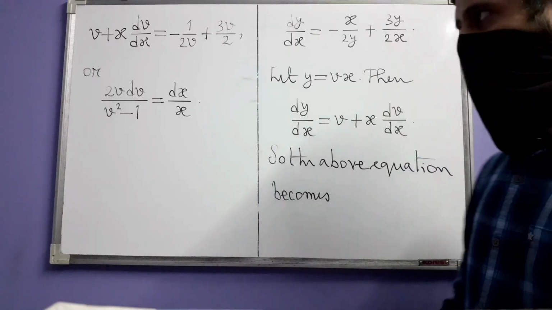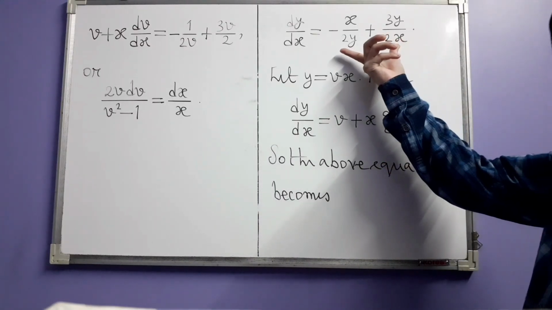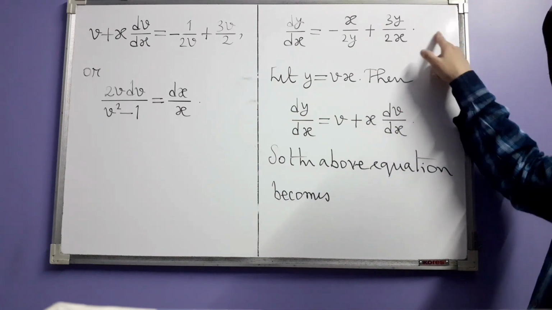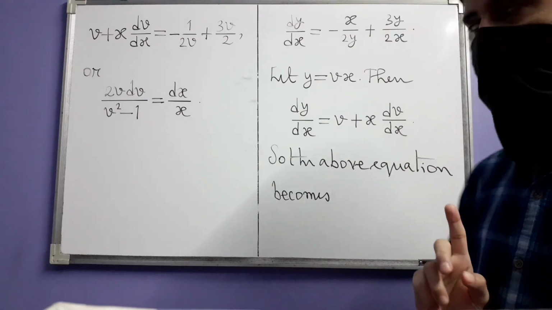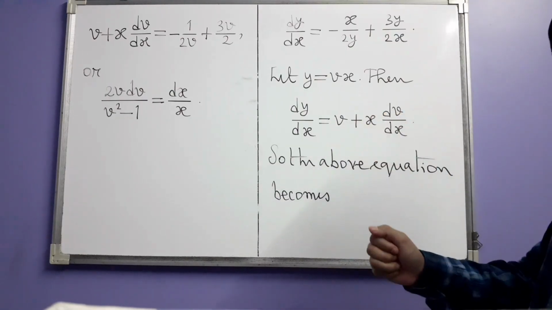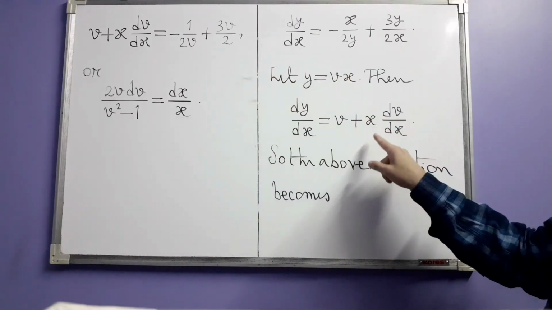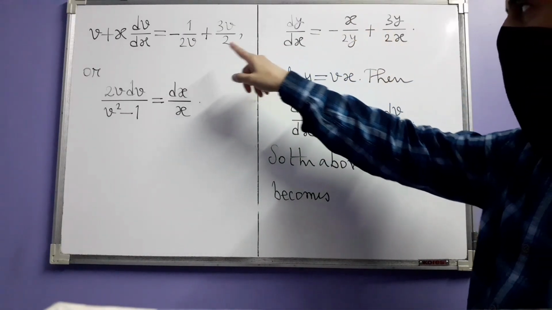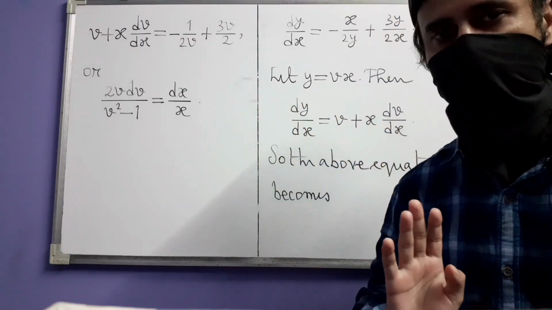So after this transformation, the above equation becomes, above equation means this equation. If you want to be more clear, you better give it some number and refer to the equation using that number. So anyway, in place of dy/dx, we have v + x dv/dx, and this one becomes −1/(2v) + 3v/2.